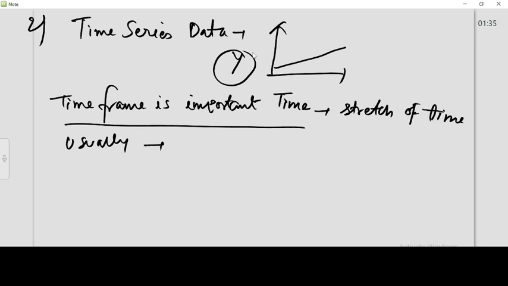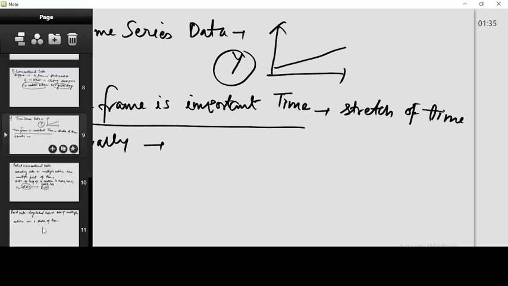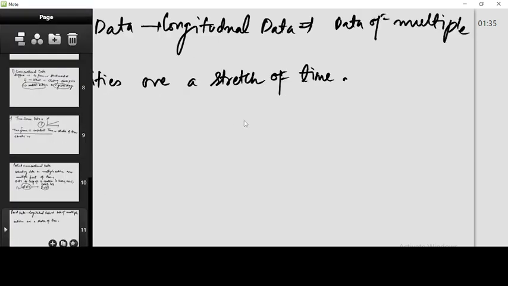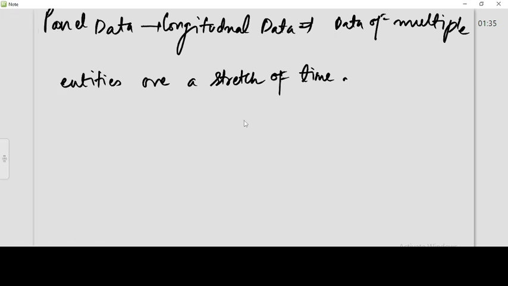You will always take the value of Indian GDP, not of any other nation. Similarly this goes for your panel data also: whatever entities you have chosen, whatever 10 countries you have chosen, you'll continue to take data sets on the same 10 countries over a period of time. Okay, so that is your panel data set.